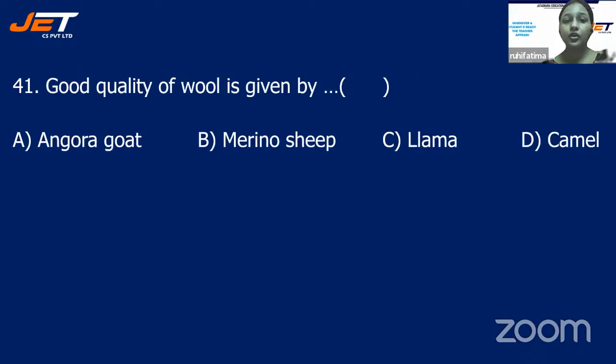Okay. Good quality of wool is given by dash. Angora goat, merino sheep, llama, or camel. Any idea about it, students?